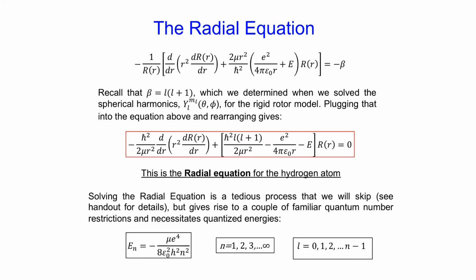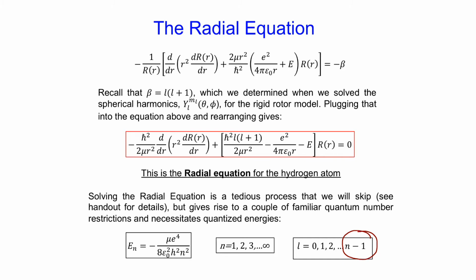We also see that we get our angular momentum quantum number popping up here. The radial functions that result from solving the radial equation will also depend on our angular momentum quantum number, and we see that we have a new restriction on it that we did not have when we were using it in the context of a rigid rotor or our angular momentum.